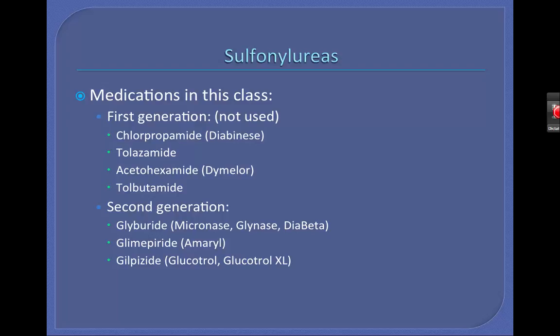Sulfonylureas, medications in this class: these are the first generation medications, which you're not going to be prescribing, they're not really used. Second generation, the Glyburide, the Amaryl, the Glipizide.